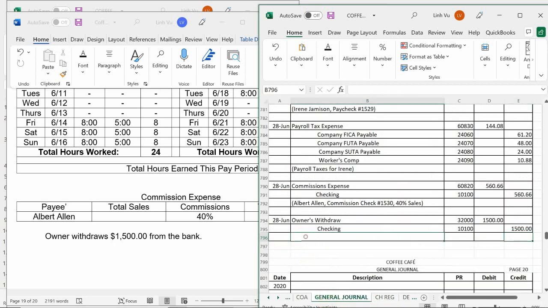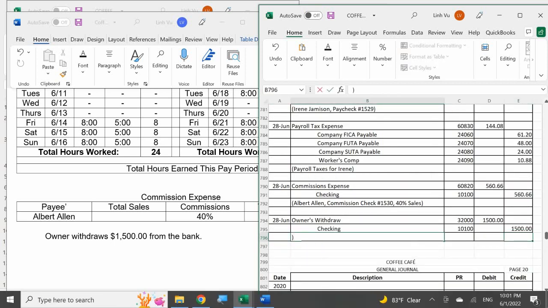Okay? So I'm going to make a note here that we made a payment to Bob Mason. And this is an owner's withdrawal using check number 1531.